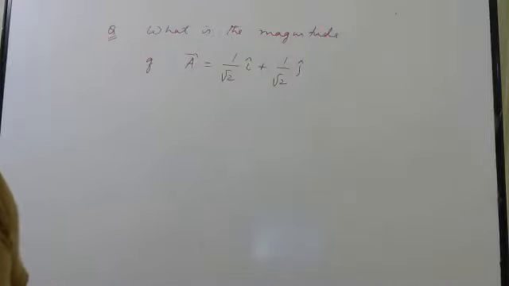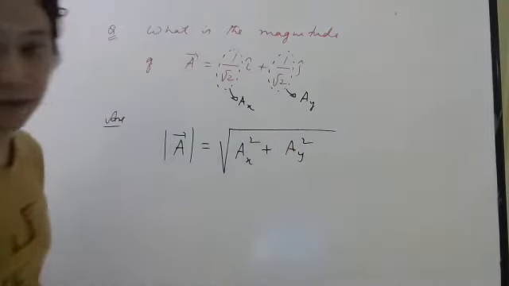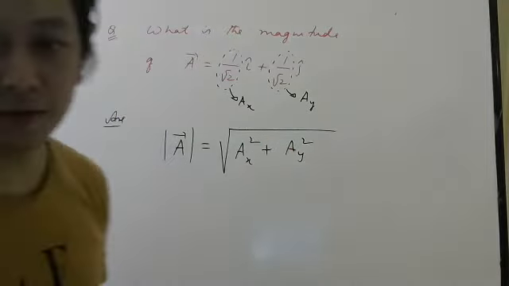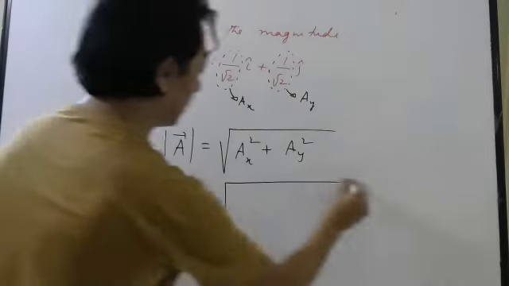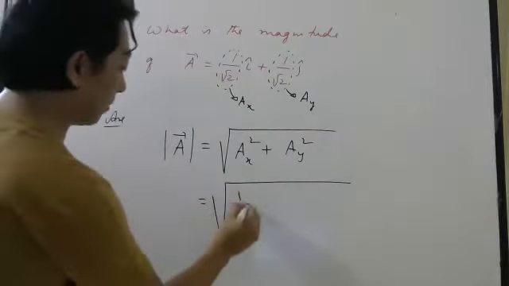What will be the magnitude of this vector? Formula you know already. Root over ax square plus ay square. So it will be root over, what is the x component? 1 by root 2. So 1 by root 2 square plus 1 by root 2 square.